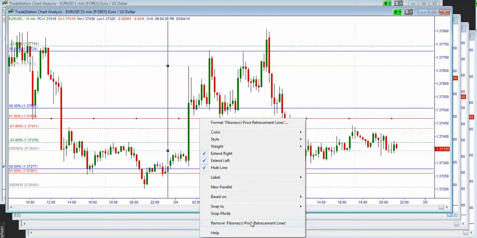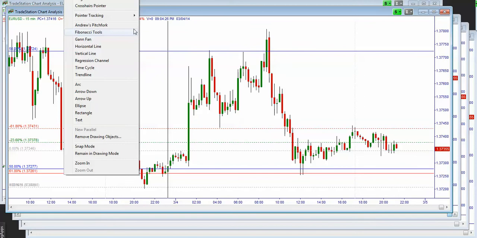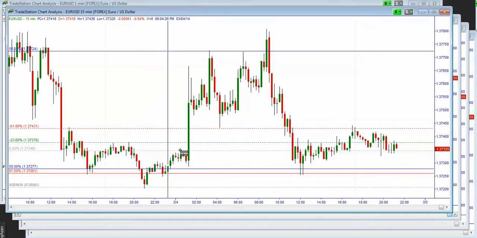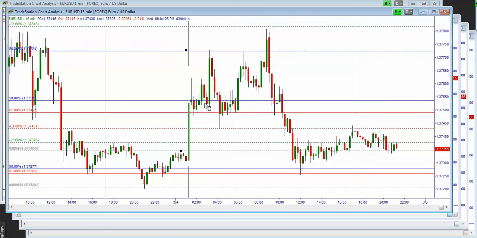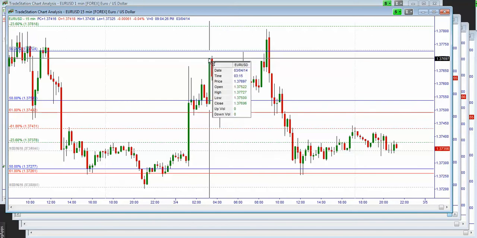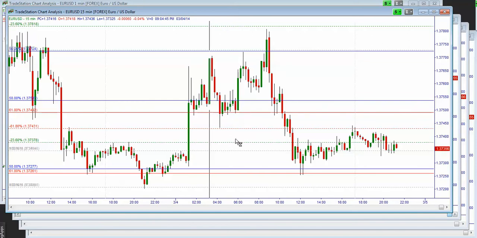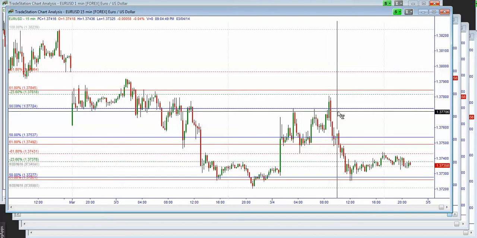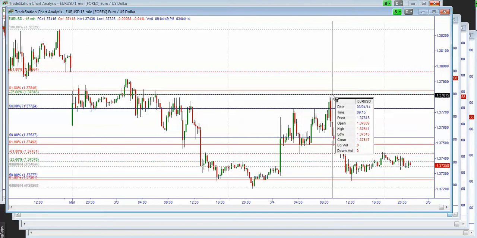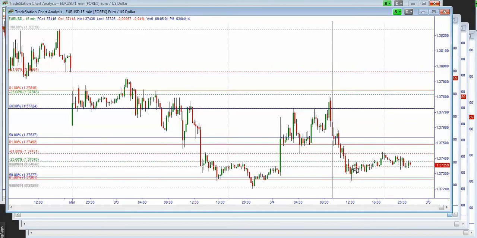Then we could only use highs to highs again, because this was an extension that did not reach the second target. So as you can see here, we would have entered at 137.49 with a stop above the highs here, but actually the market would have reversed on us, and it would not even have given us a free risk trade. The market would have instead continued higher, hit the first target of this basket setup, and then eventually come down.